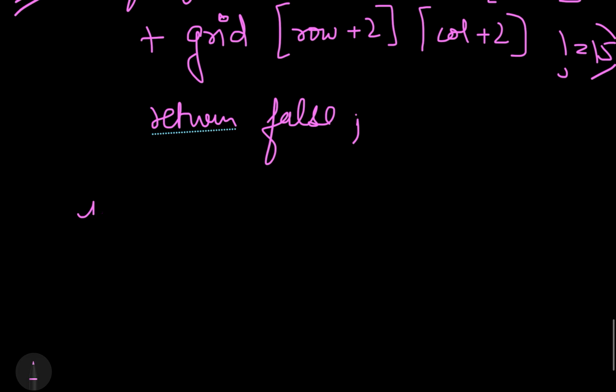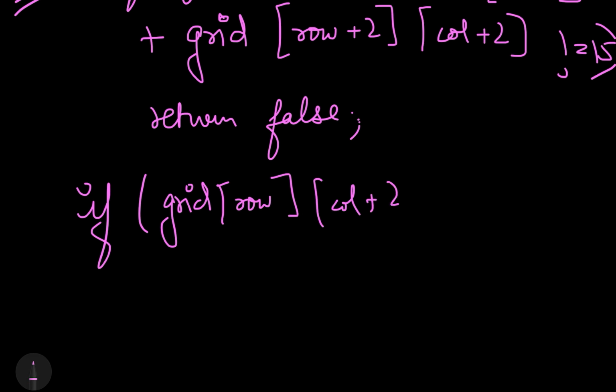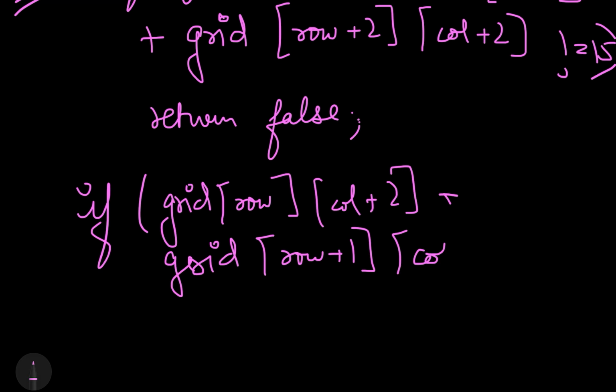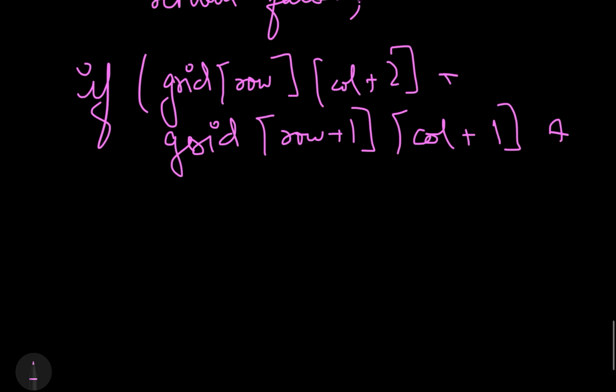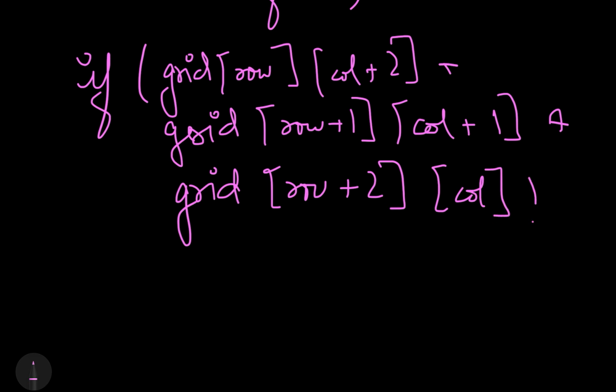Now we can check our anti-diagonal as well, which is grid of row, column plus 2 plus grid of row plus 1 and column plus 1 plus grid of row plus 2 and column not equal to 15.